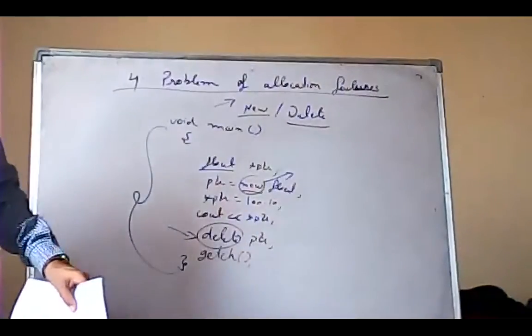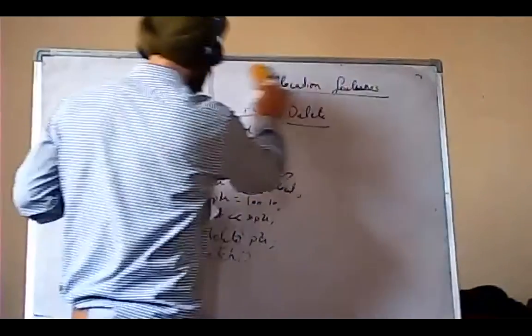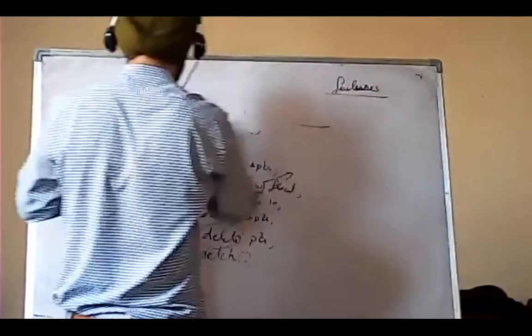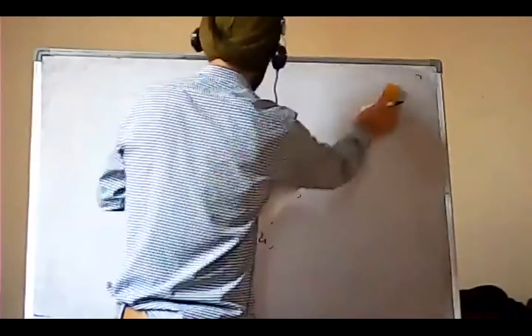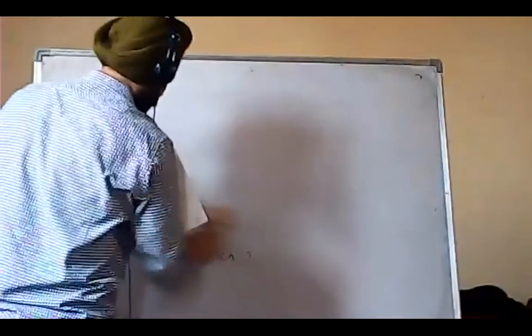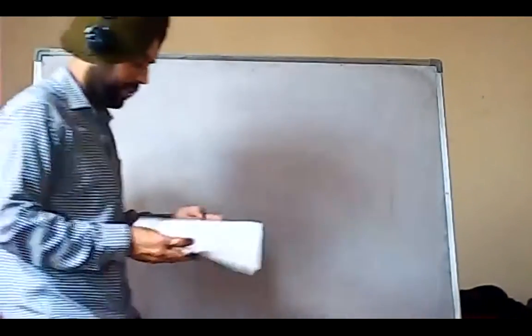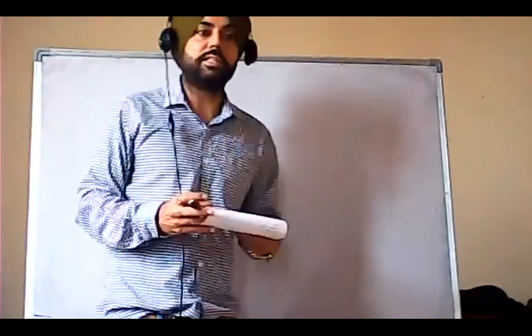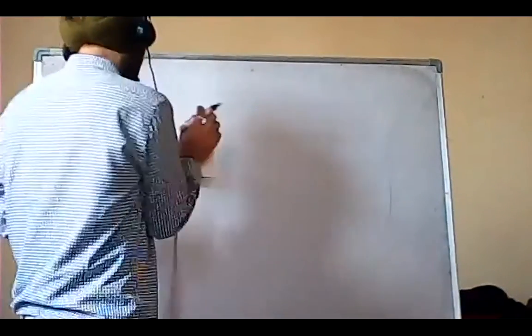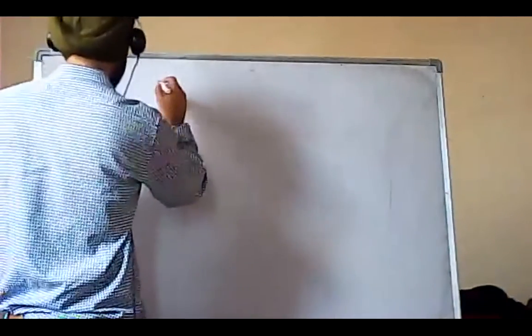Before the start of pointer to structure, you must know the definition of structure, why we are creating structure, and whether there is any difference between structure and union. When we are declaring a structure, at that time we use one keyword, that is struct.